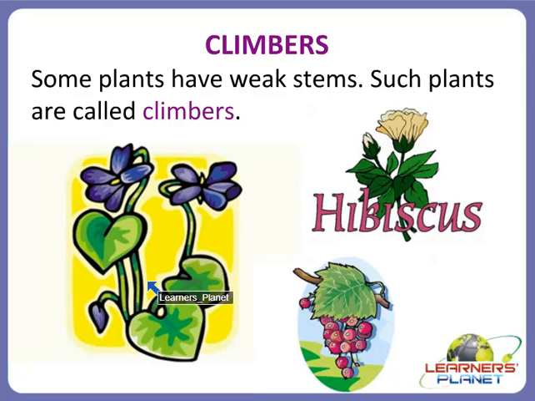This is a picture of such a plant which needs support. So the plants that need support of other plants or some material are called climbers. For example, hibiscus and a grapevine. So these are climbers.